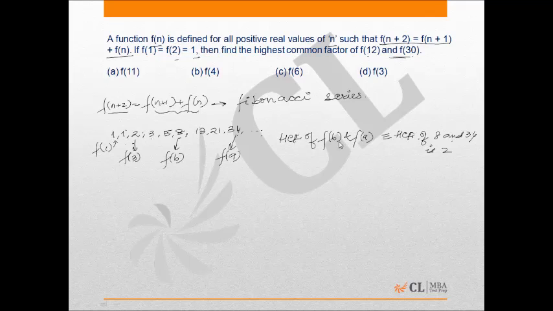So 2 represents which term in the sequence? It represents f(3), right? In these numbers, 2 represents f(3). So the HCF of f(6) and f(9) is f(3). So actually, while we are trying to calculate the HCF of f(n) and f(p), their corresponding values' HCF will be f of the HCF of these two numbers.